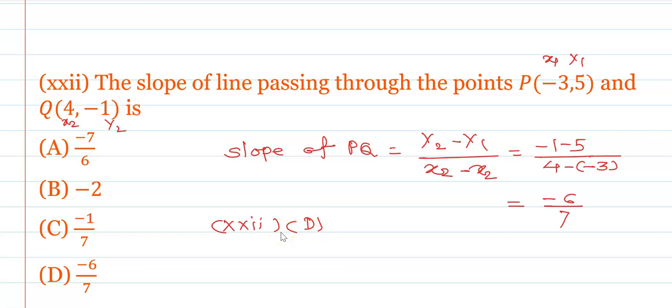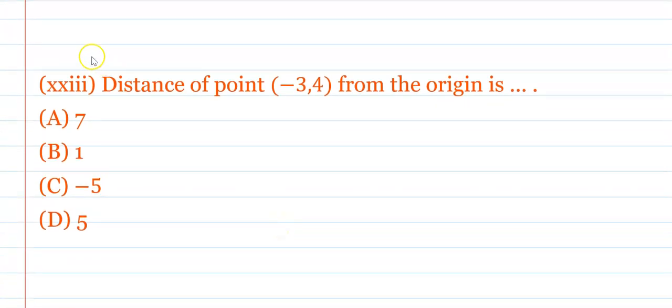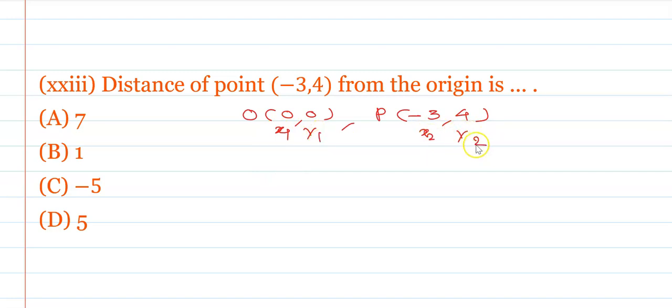Okay. Now, the next question. The distance of the point (-3, 4) from the origin. Now, suppose this origin is O, whose coordinates are (0, 0), and P is the point (-3, 4). Then this is x1 and y1, and this is x2 and y2.